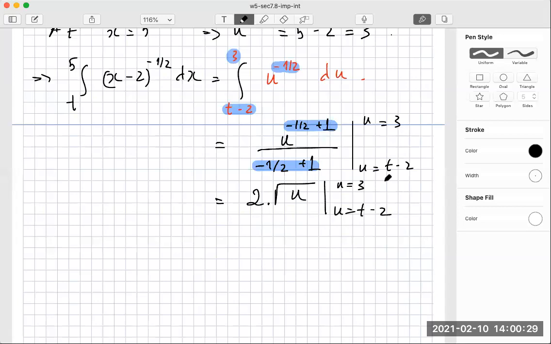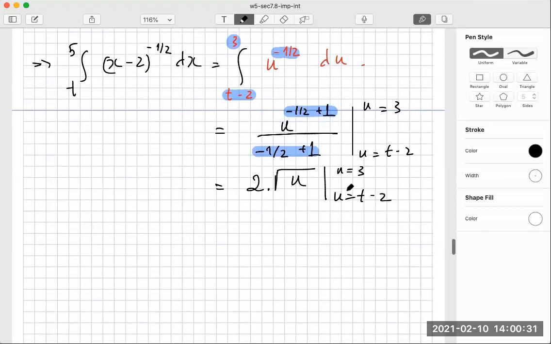Now, let us substitute the value of the upper limit and lower limit here, which will be, what is it? Yes, 2 square root of 3 minus, very good. Okay. Now remember, under the radical sign, the things should be positive.